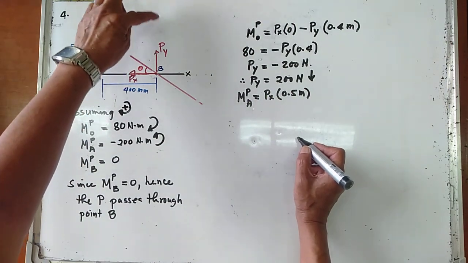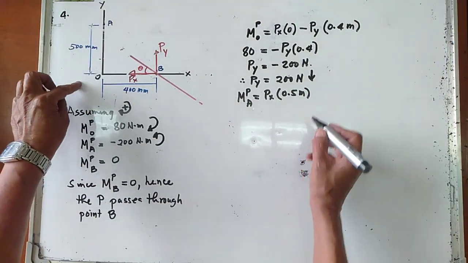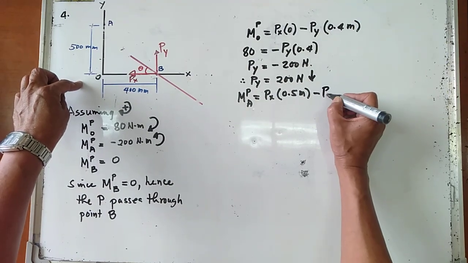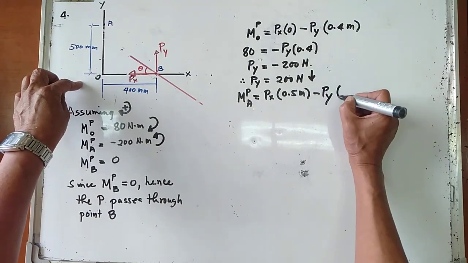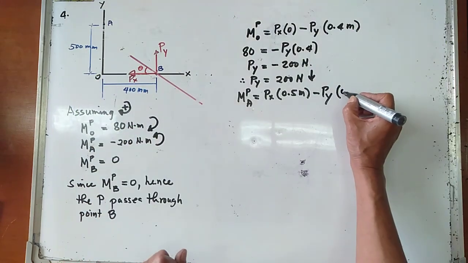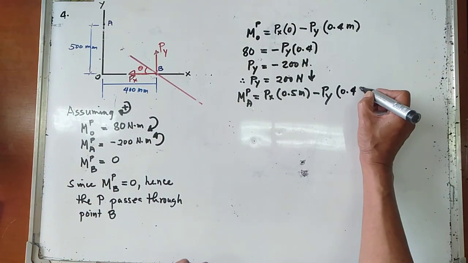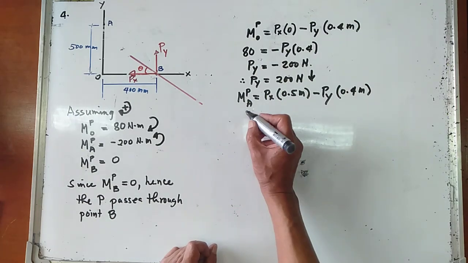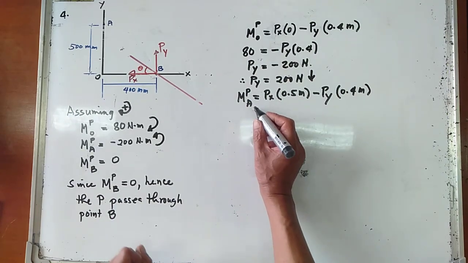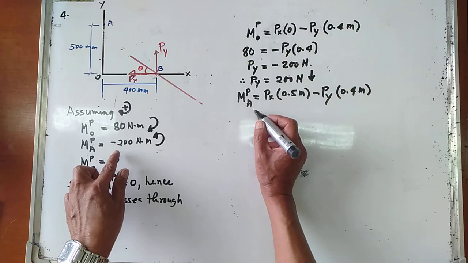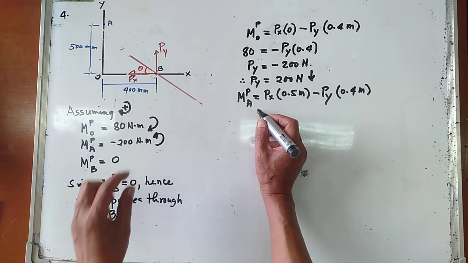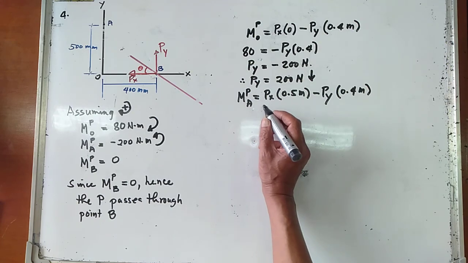And then Py is going counterclockwise, so that is minus Py multiplied by 0.4 meters. Hence, the moment of the force P about point A is 200 newton meters.